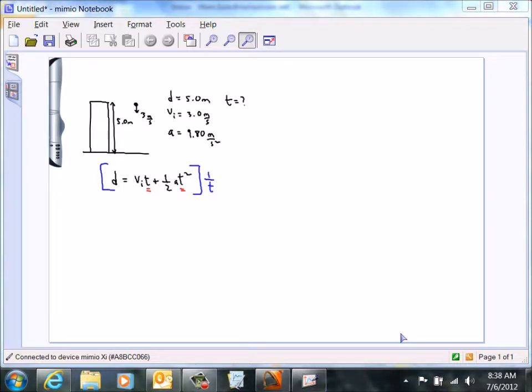Would that do it? Well, on the right-hand side, we cancel out the t with the v sub I and just get v sub I, plus we cancel out one of the t's and 1/2 at squared and just get 1/2 at. Now, that's good. Only one t over there anymore. But now on the left-hand side of the equation, we'd be left with d divided by t.